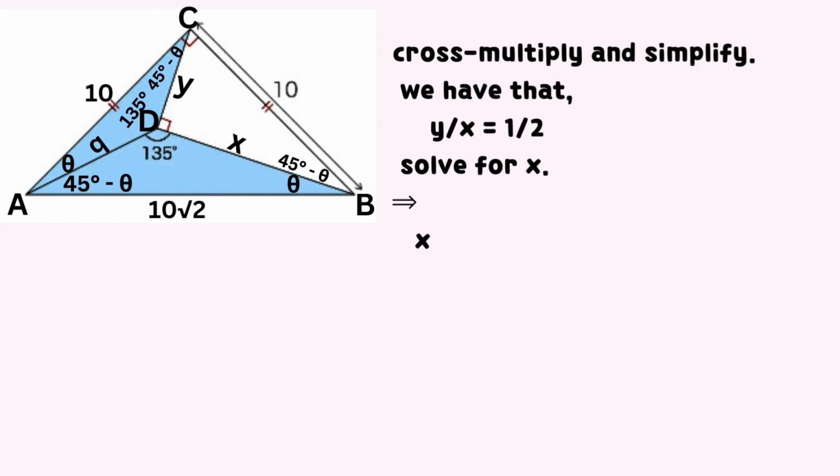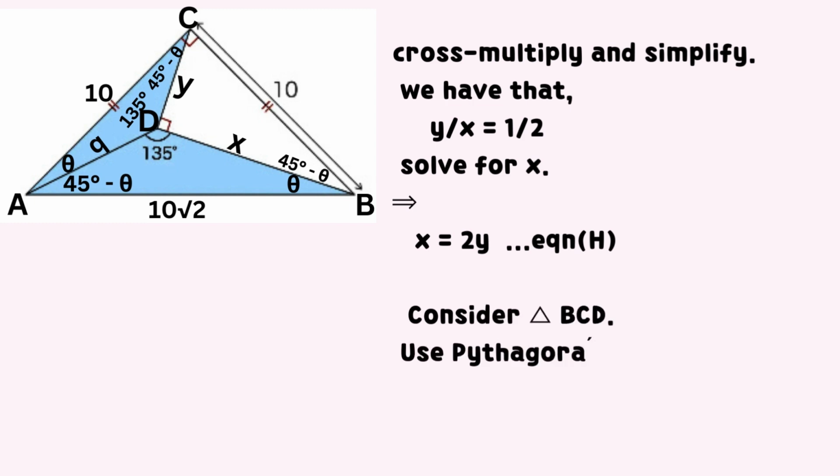We have that y divided by x equals half. Solve for x. It follows that x equals 2 times y. We call it equation H. Consider triangle BCD. Use Pythagoras' theorem. The square of 10 equals the sum of the square of x and the square of y.